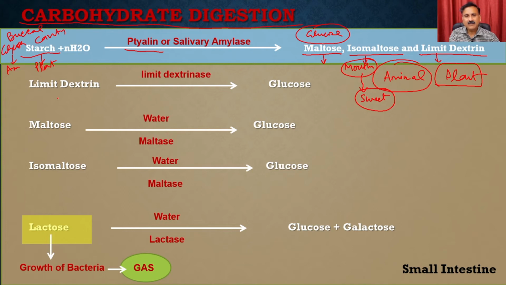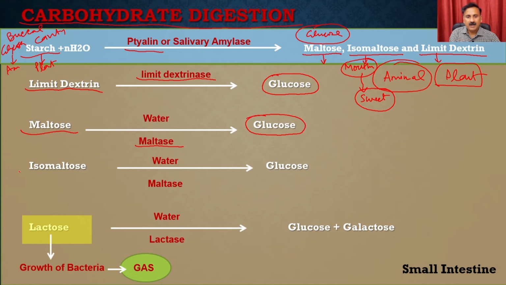Okay. From here it will enter the small intestine, and within the small intestine the limit dextrin is digested by the enzyme called limit dextrinase, and that converts it into glucose. Similarly, the maltose formed in the buccal cavity is processed by the enzyme called maltase, and it forms glucose.